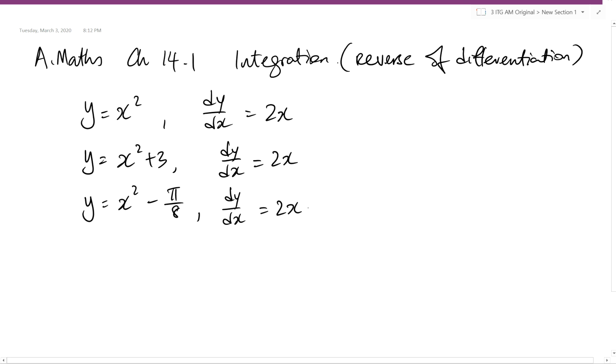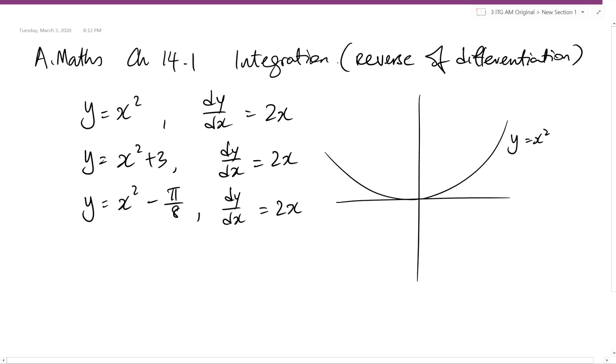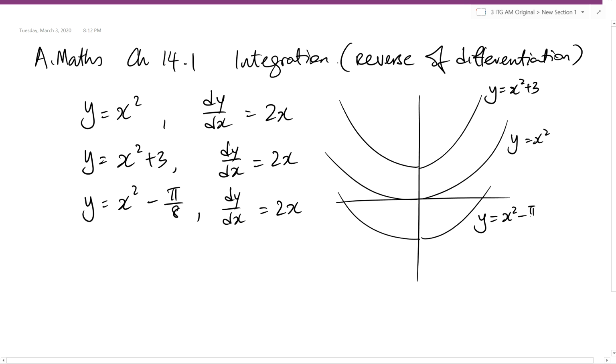What this actually means is that for all these different y graphs, the first one we have is y equals x squared, then y equals x squared plus 3, and the graph at the bottom, y equals x squared minus pi over 8.